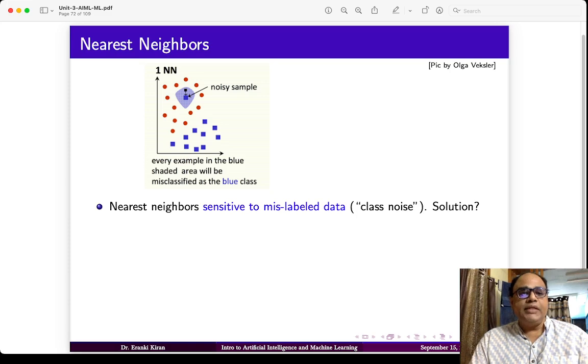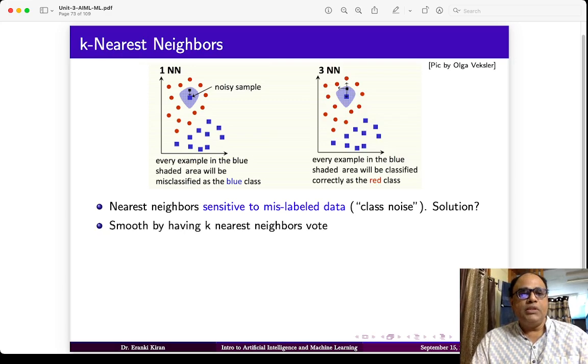One disadvantage here is that nearest neighbor is sensitive to mislabeled data or class noise, because if your data has noisy samples, and since this works with multimodal data, every example in the blue shaded area will be misclassified as blue class because it is in close proximity, because it's only relying on the distance metric.